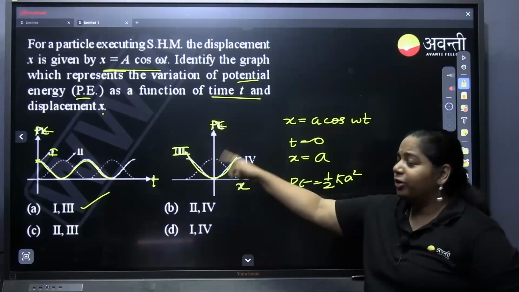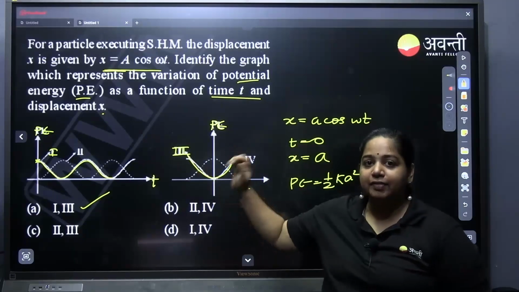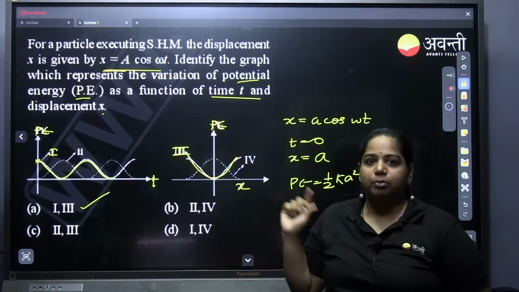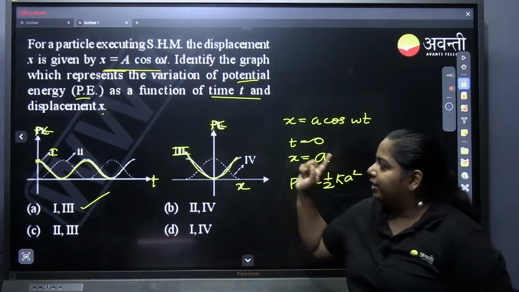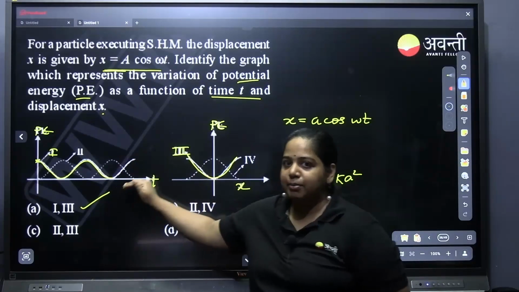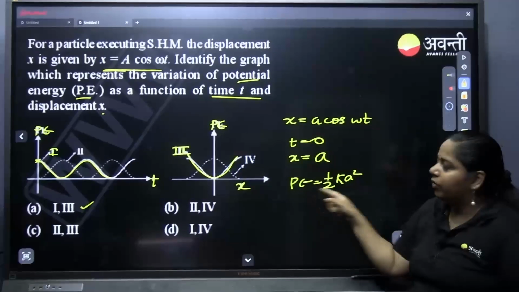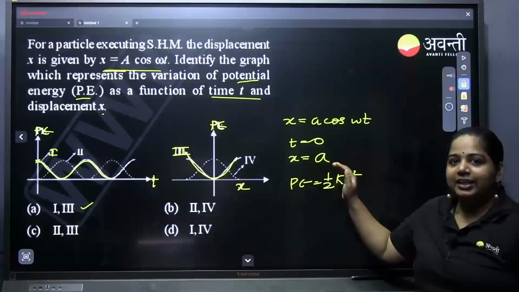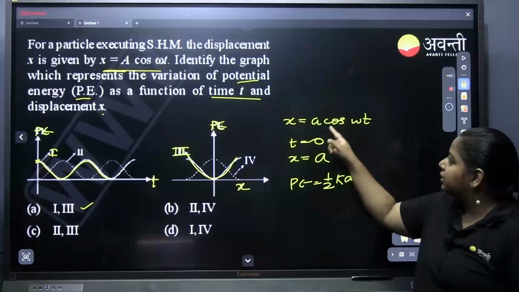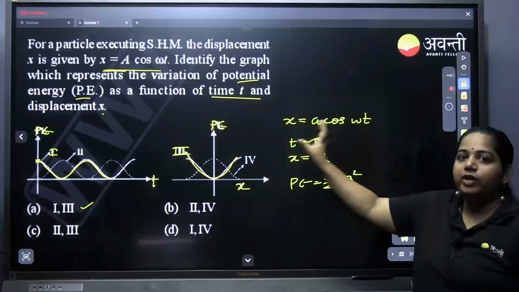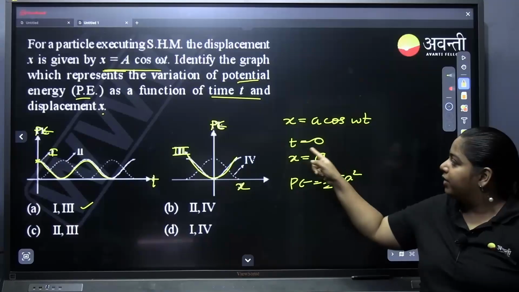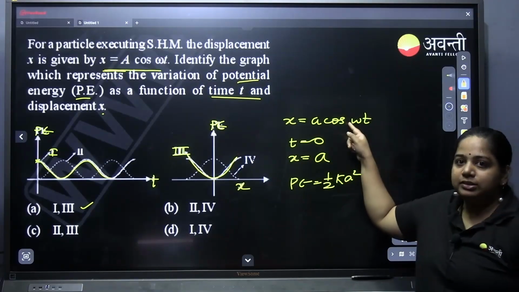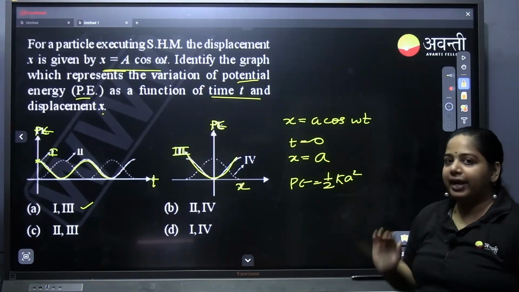Here potential energy versus displacement will always be U. You don't have to worry about that. So easily we can take. But potential energy versus time, if you are taking, then you have to consider this. See, at t equal to 0, what will be the value of x? When t equal to 0, cos 0 is 1, x equal to a.